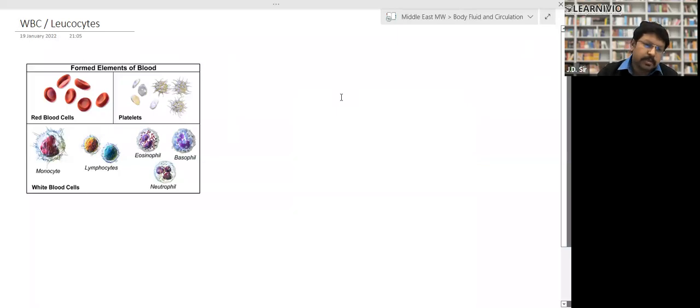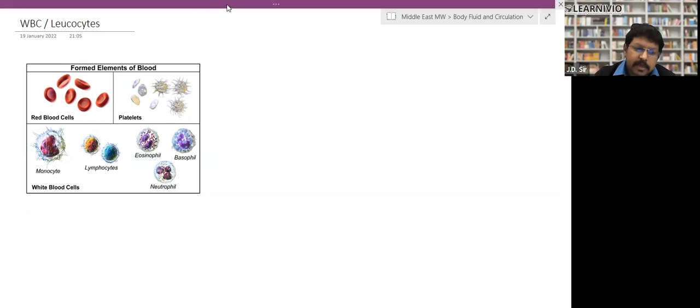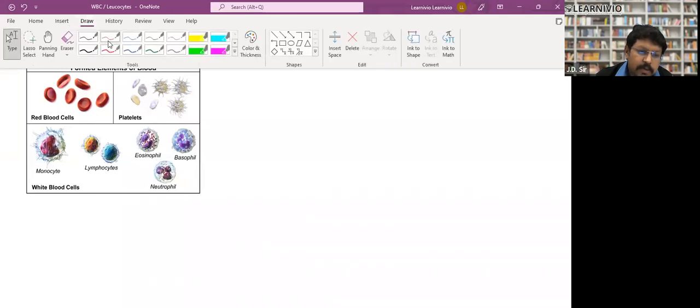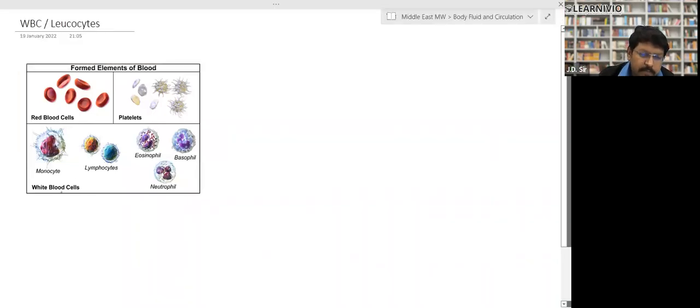So here you can see these are RBC. RBC we have discussed already in detail. And the second one is platelets. Platelets we will do after the WBC. And you can also see the white blood capsules. So here white blood capsules are different: monocyte, lymphocyte, eosinophil, basophil, neutrophil. What are they and what are their characteristics? We'll discuss after this PPT.